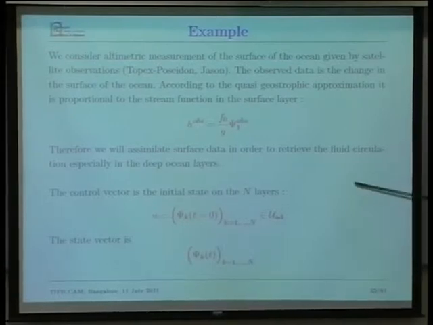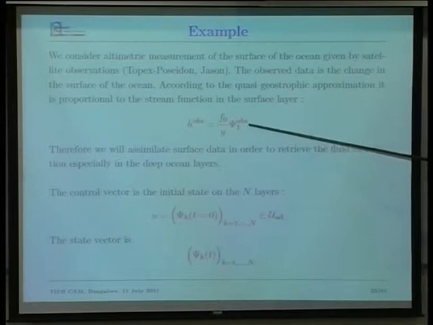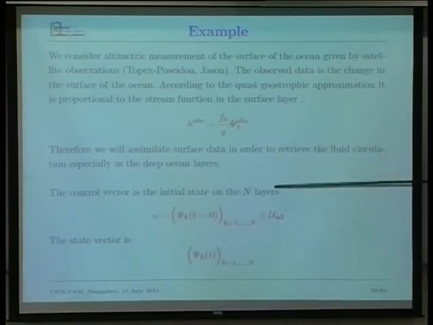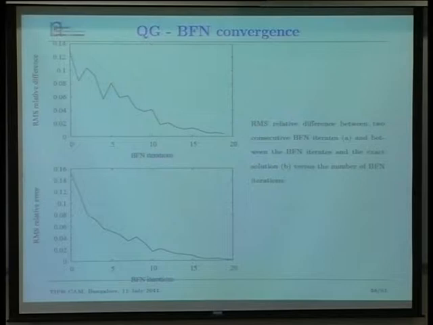So we assume that we have some observations on the upper layer only, and they are sparse in space and time. The control vector is the initial state on all layers. And we can try the back and forth nudging on this model.